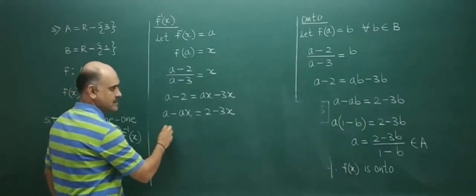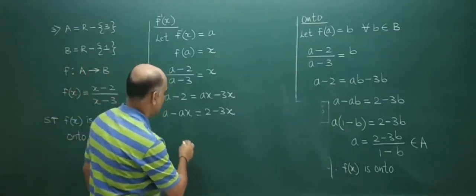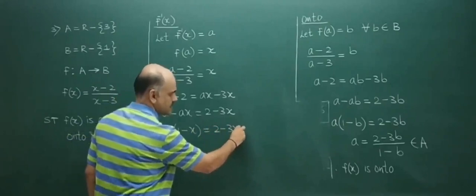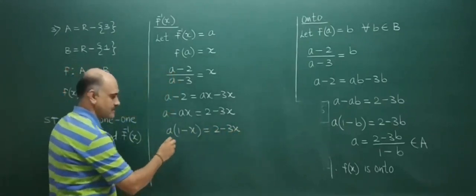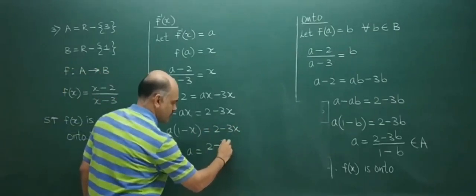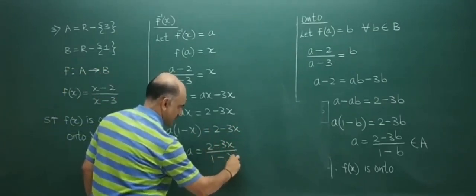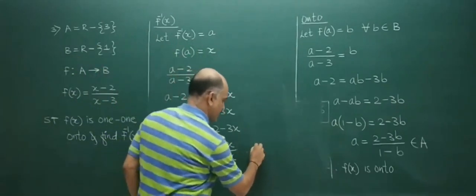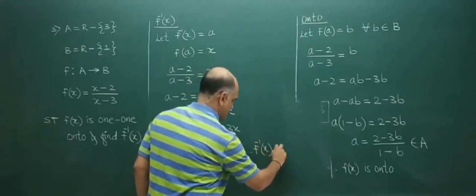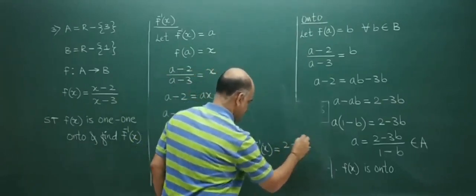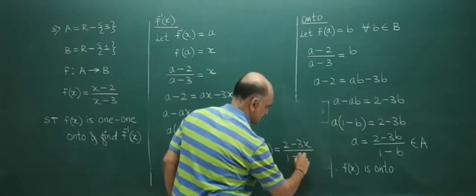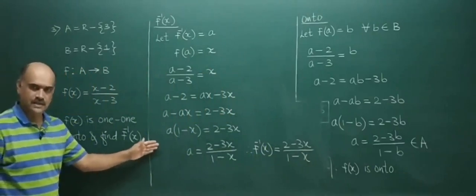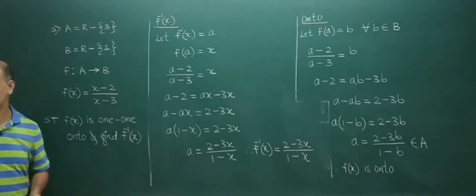Taking a common, I will have a times 1 minus x is equal to 2 minus 3x. So divide by 1 minus x, and you will have a is equal to 2 minus 3x divided by 1 minus x. But a is nothing but f inverse of x. Therefore f inverse of x is equal to 2 minus 3x divided by 1 minus x. Clear students? Okay. Then we'll go for the next problem.